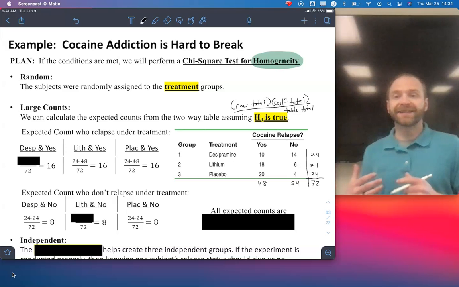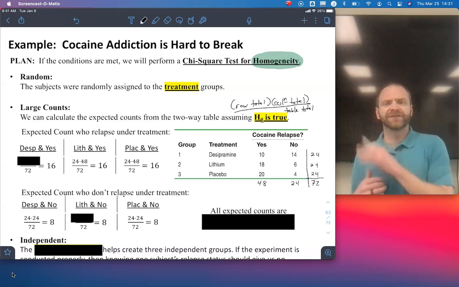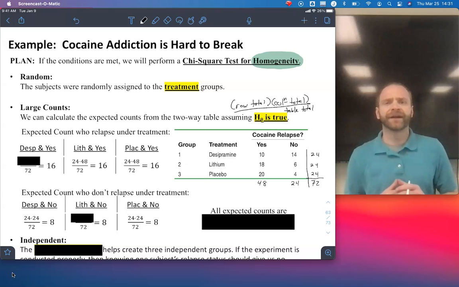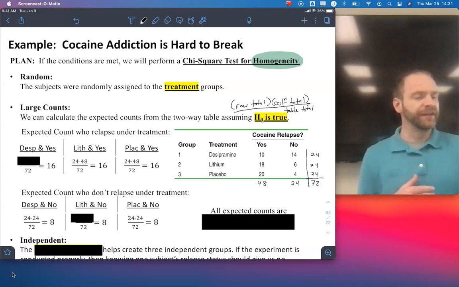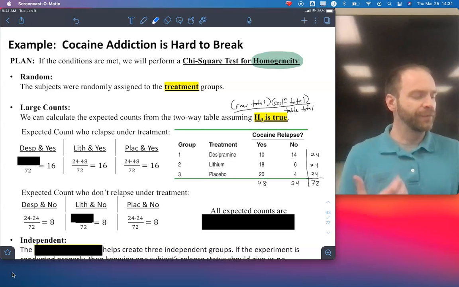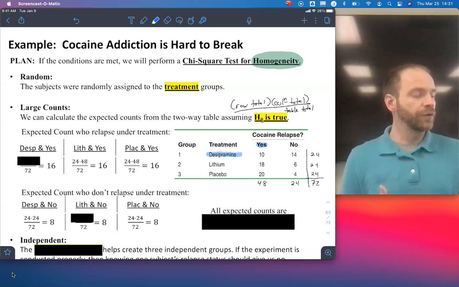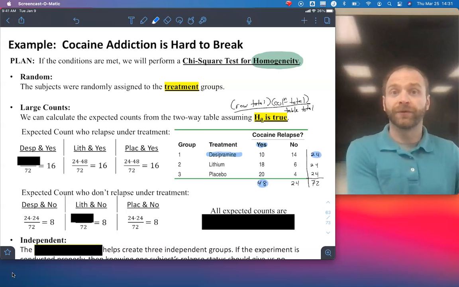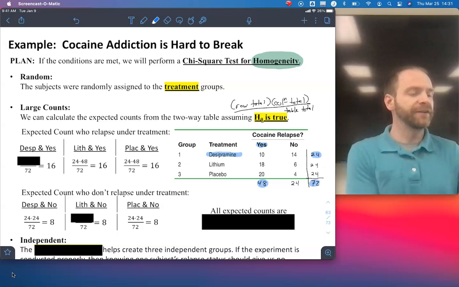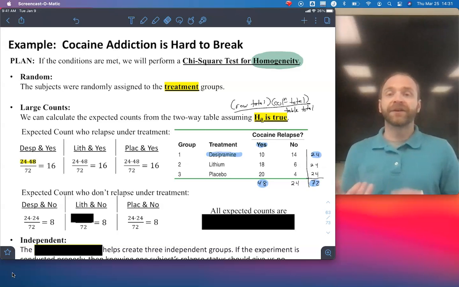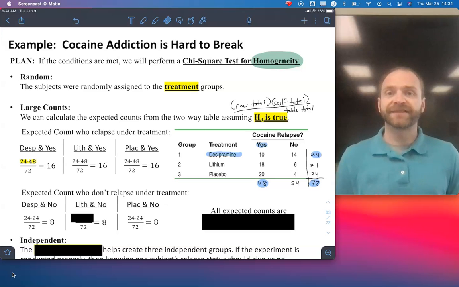And I want to show you that's kind of what we can see with the abbreviations off to the side, to the left of the table. We're going to take this first one, the desipramine, and if we look at this with the yes column, well, the row total is 24, the column total is 48, and the table total is 72. So I'm going to do 24 times 48 and divide by 72.